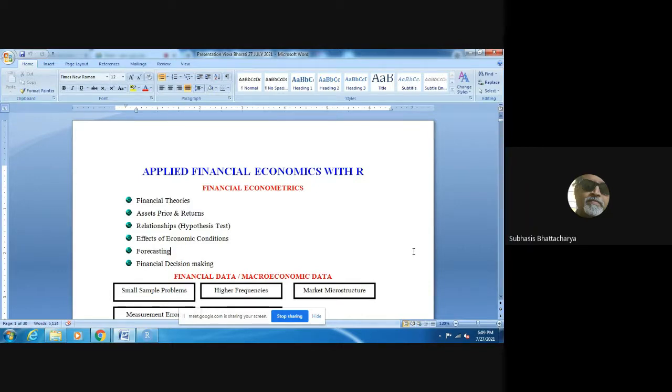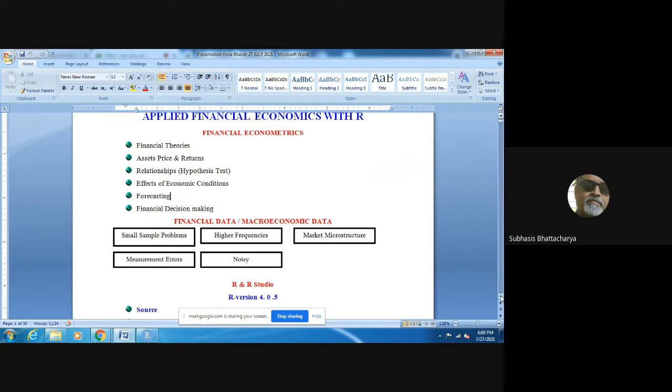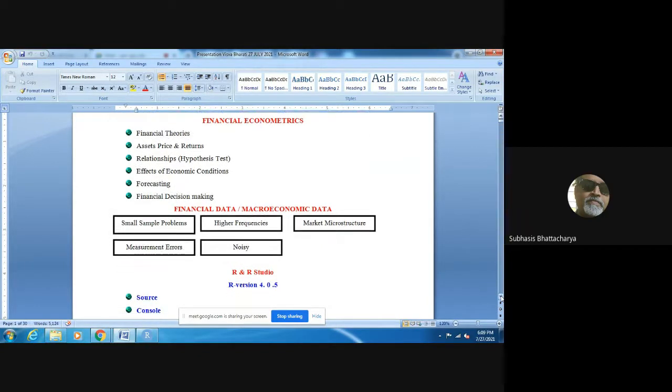These are the parts I'm trying to touch. I'll start from very basic ideas, such as how to calculate returns, and how to calculate portfolio returns and risks with the R software.